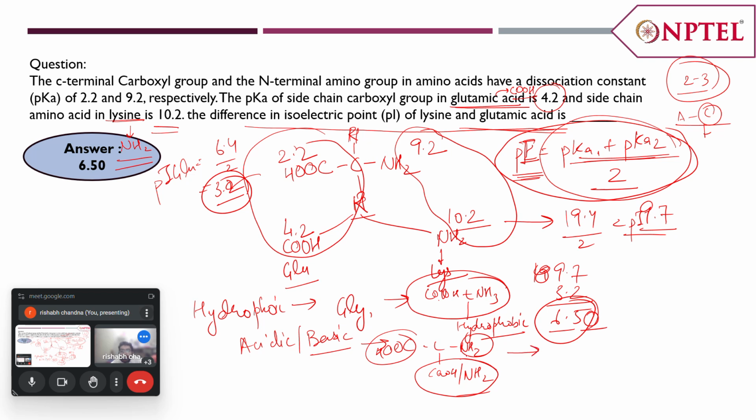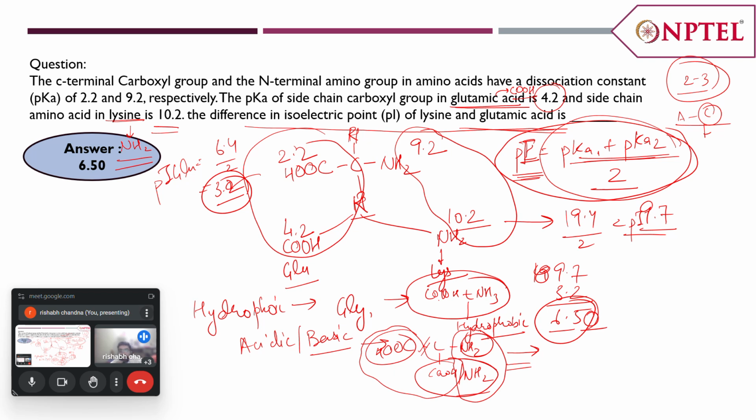We'll see which group has the pK values that are nearer. In the case of an acidic amino acid, the COOH groups will have the nearer pK values, so the pI will purely depend upon the carboxyl groups. And in the case of a basic amino acid, we'll take the pK values of the amino groups. That means the pI in a basic amino acid will purely depend upon the amino groups.